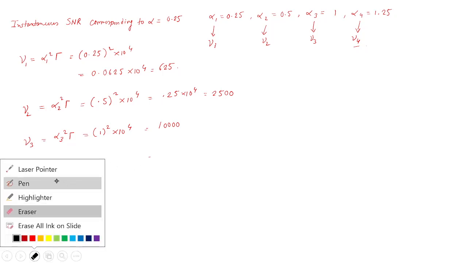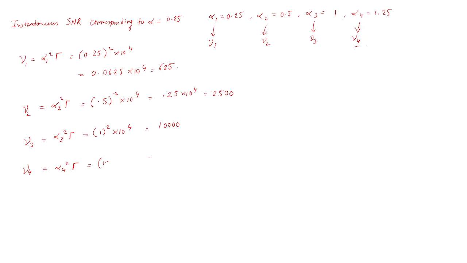We obtain 1.5 whole square times 10 to the power 4. 1.5 square comes out to be 2.25, so that is 22,500. So these are the 4 instantaneous SNR values.